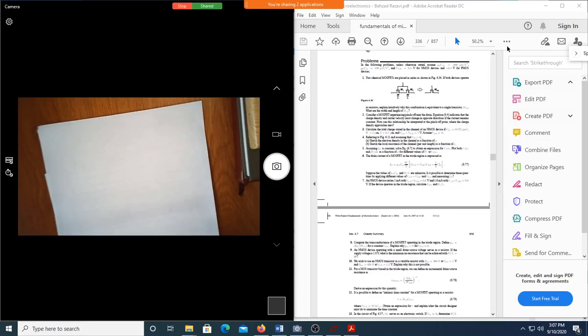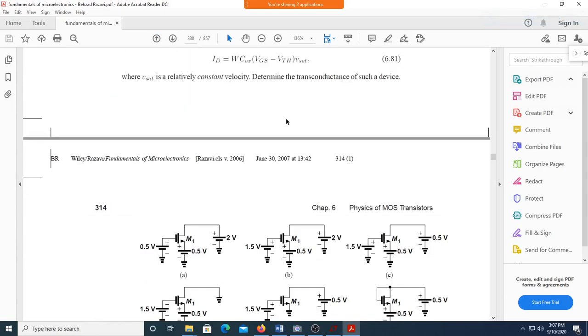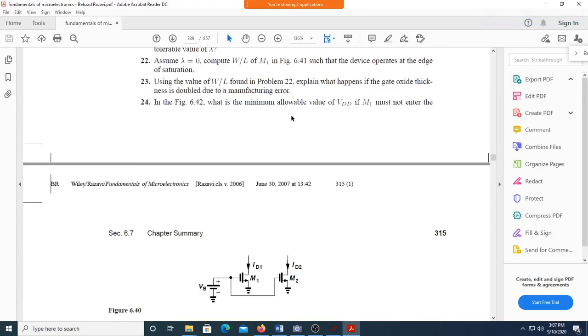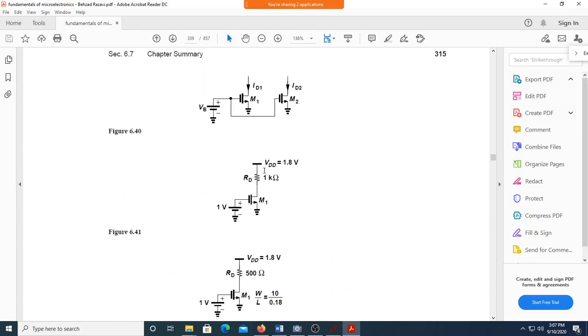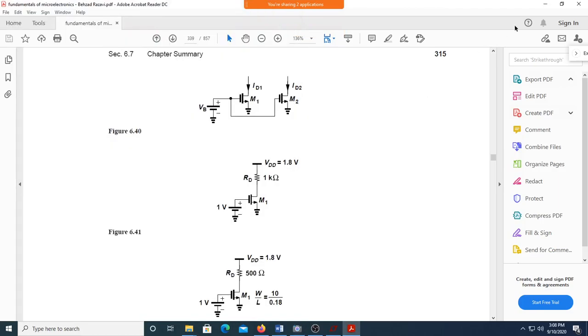Okay, Nivedita, we'll just see this problem. Let us look at the problem we already looked into. Nivedita, look into this figure 6.41. All of you copy this figure 6.41. Let me also write 6.41.